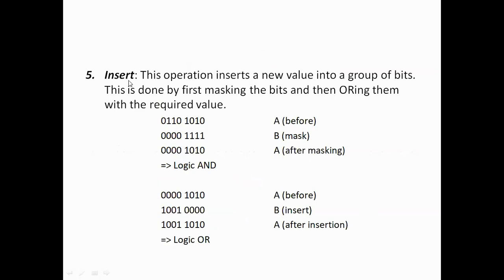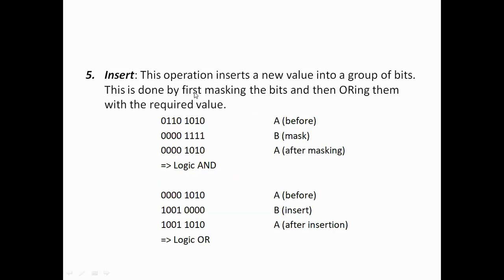So whenever we want to do masking, we can use the AND logic micro operation. The fifth one is insert. This operation is used whenever we want to insert certain bits into a number. So for example, we have an 8-bit binary number and we want to change certain bits in that number. We want to insert some new different bits there. This operation is used to add a new value into a group of bits, but it is not a single step operation.